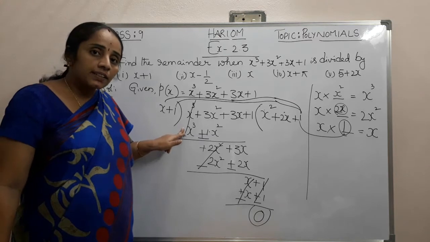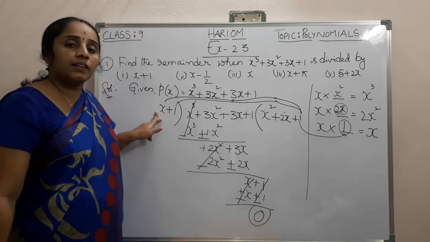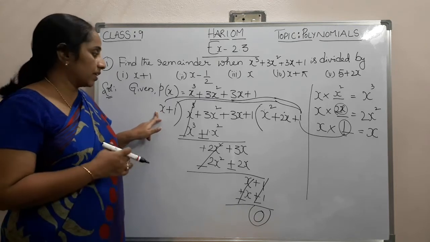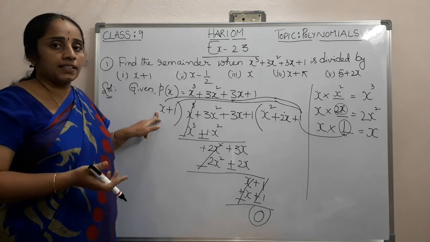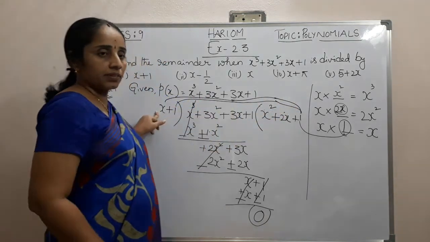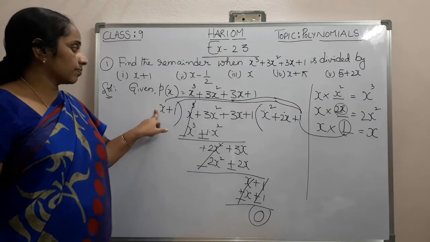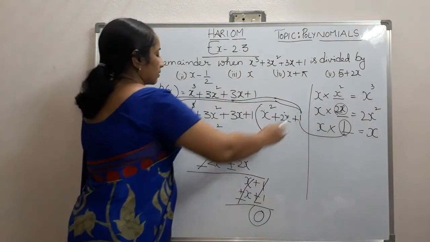So by which number do you have to multiply the first term of the divisor? That you first have to guess. I did that in rough. To get x cube we multiplied x with x square.